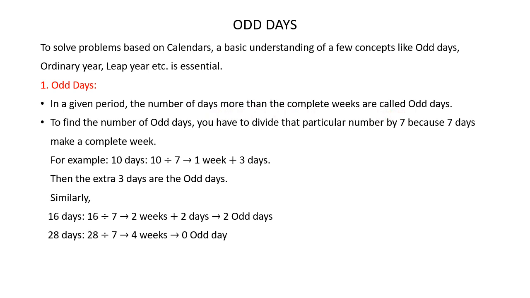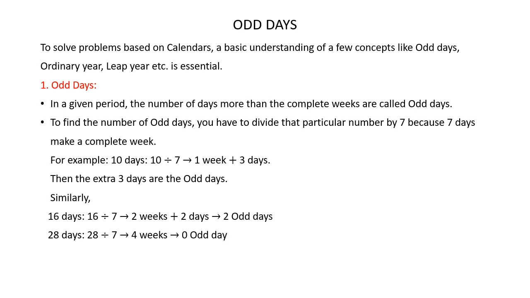To find the number of odd days, you have to divide that particular number by 7 because 7 days make a complete week. So when you divide the number by 7, the quotient will give you the number of complete weeks, and the remainder will give you the number of odd days for that particular period.